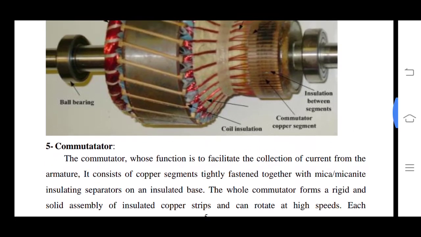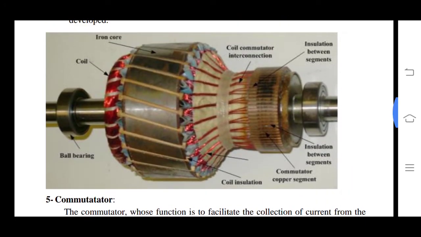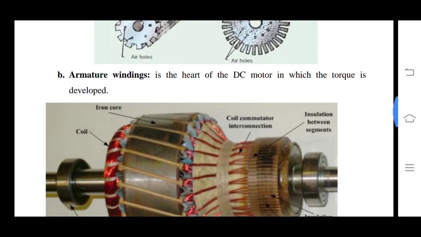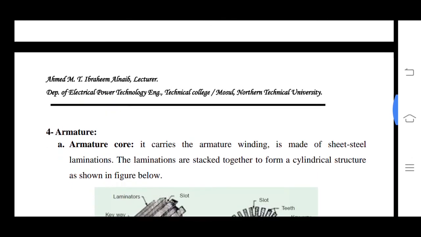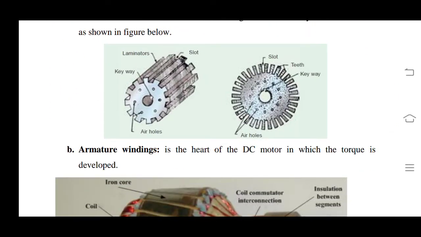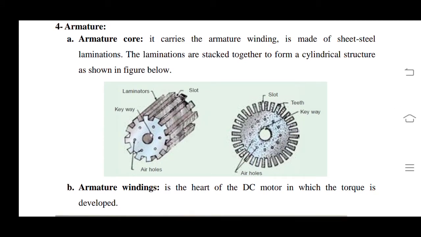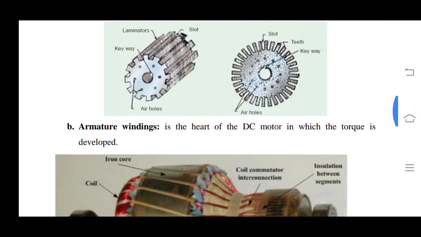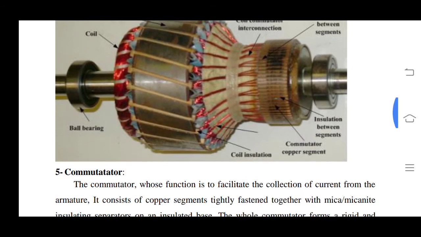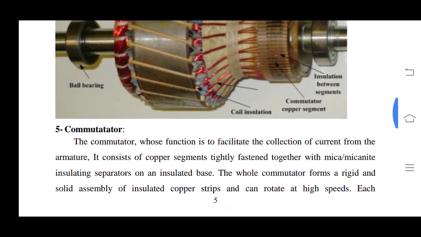See that the commutator is a copper segment, hard drawn copper segment. The commutator is made up of hard drawn copper material, but the armature core is made up of sheet steel or silicon steel. So these are the armature windings.